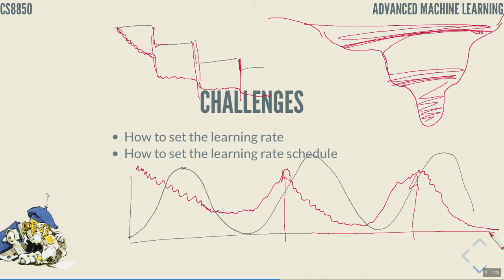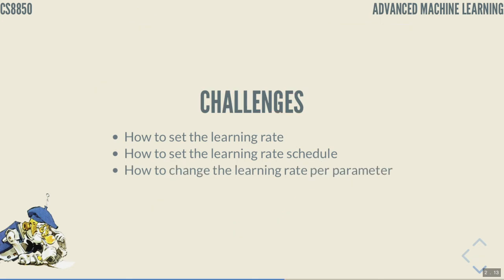The lowest point where the loss gets is lower than where it would have gotten otherwise with a stepwise learning rate. Okay, another question is how to change the learning rate per parameter. We have so many parameters. Why do we need to assume that they have the same learning rate?